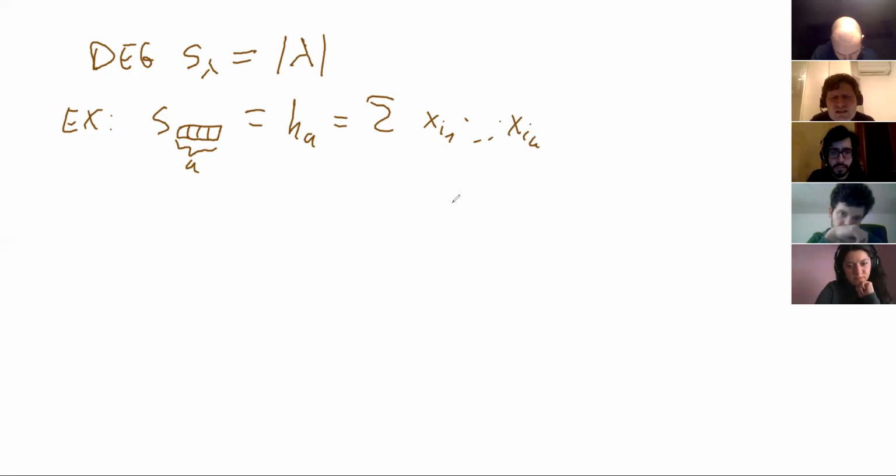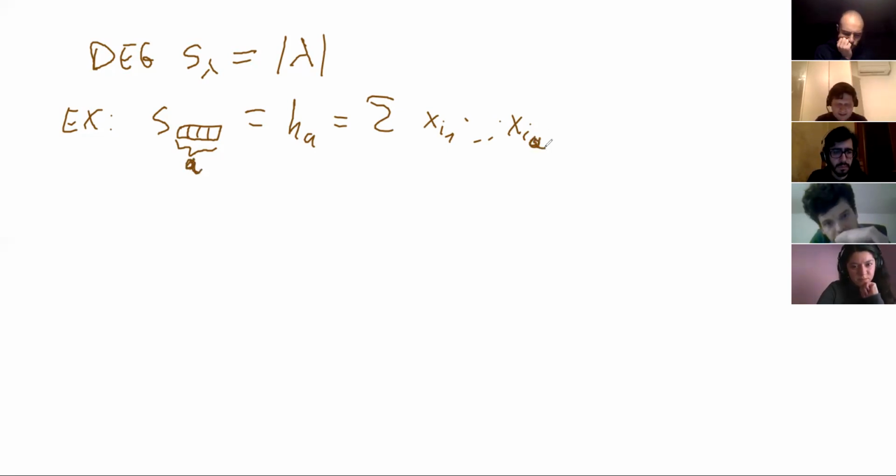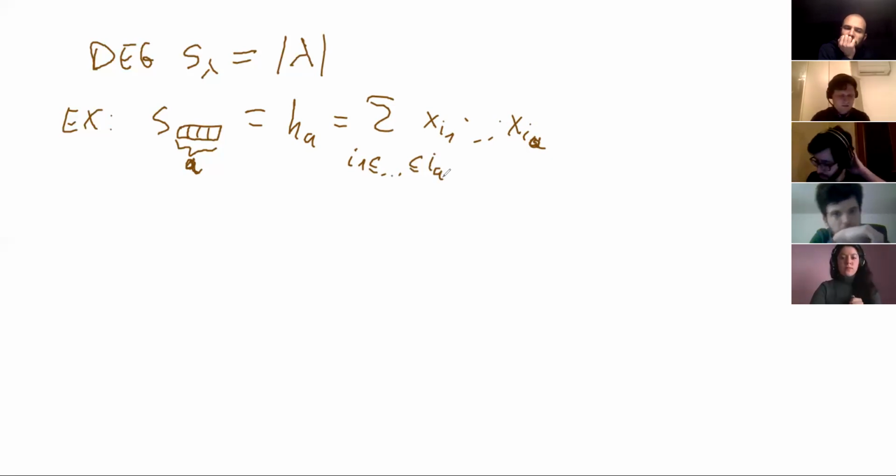Oh, actually, there is another typo in the notes. So if we have A here, this should be of degree A. So we should have A of them, and the sum should be over i1 less or equal than up to iA. Okay, this is called a complete homogeneous polynomial.